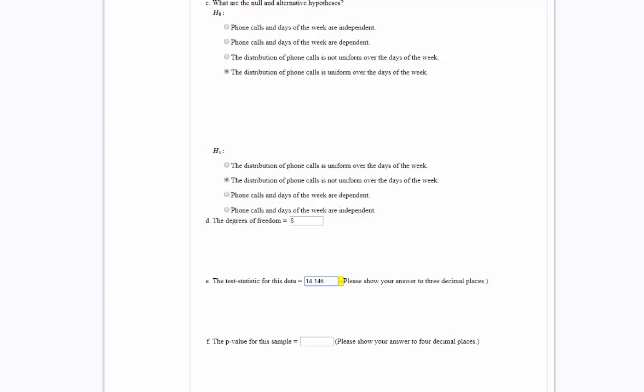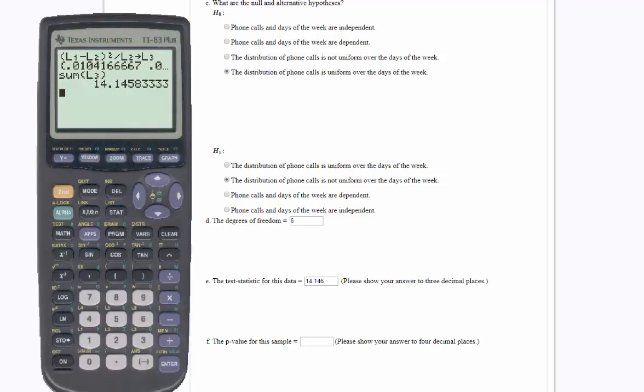What about the p-value? That one, we're going to do the following. We're going to go second, variables. And we're going to select command 7, chi-square cumulative distribution function. That's what this stands for, 7. And the syntax here goes like this.